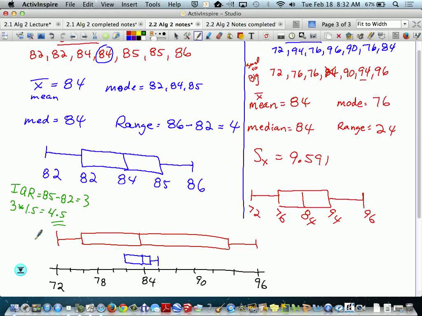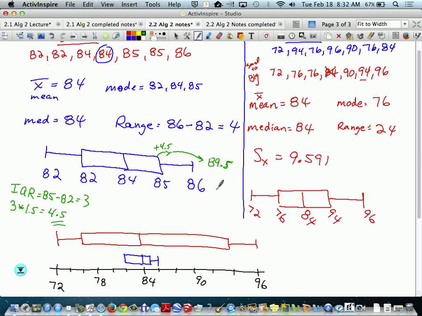So what I'm going to do is go to the top of the box and add 4.5. What happens when I take 85 plus 4.5? What do I get? 89.5.